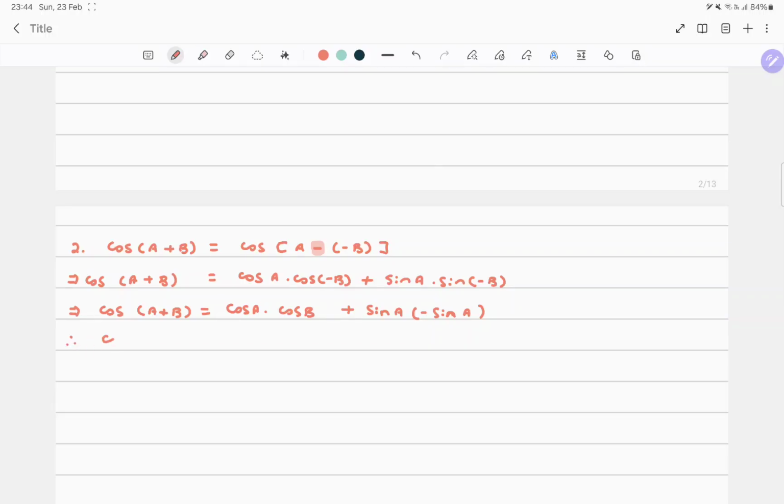We can say therefore cos(A plus B) is going to be cos A cos B. Now positive times negative is a negative, sine A sine B. So that is the cos compound angle identity for that situation.